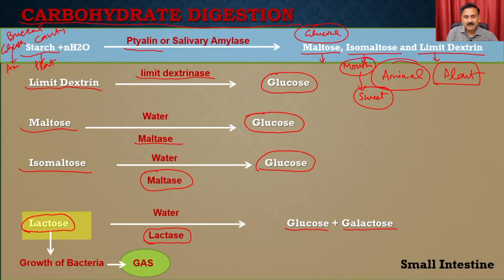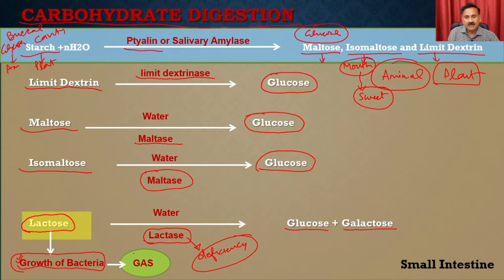And if there is a deficiency of the lactase, then there will be an accumulation of the lactose, and that is a sugar which attracts the growth of bacteria. The bacteria start utilizing the lactose, and that produces different types of byproducts.